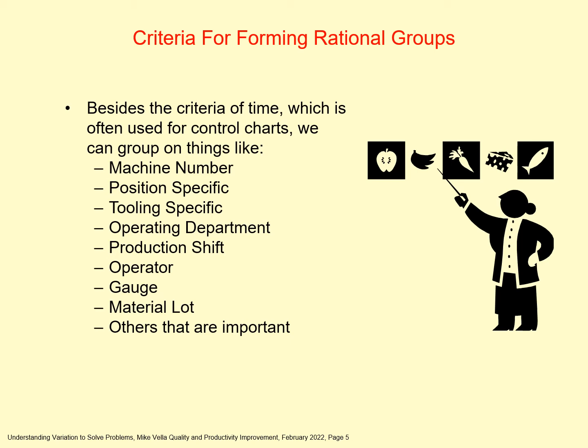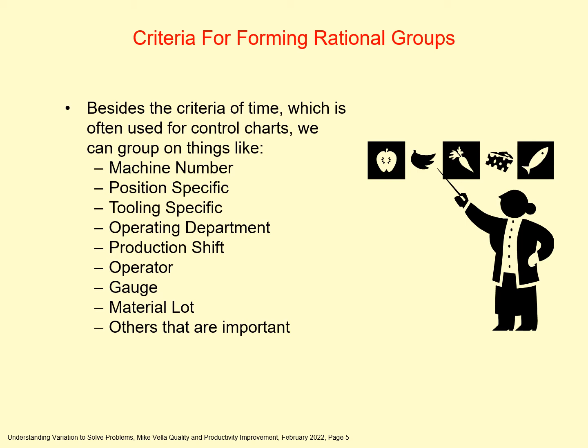When you're thinking about it being in time, think about selecting this subgroup in the next time before the process is changed. What I mean by that is, if you think the process is likely to change in the next half hour, you should take a subgroup perhaps in the next 15 minutes.